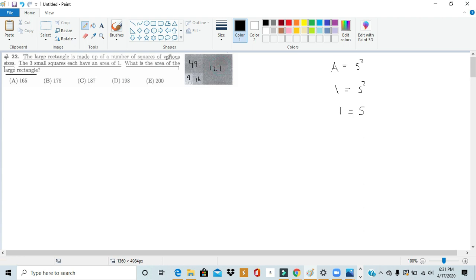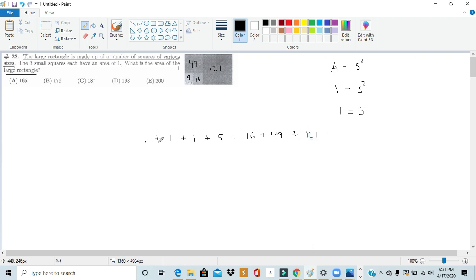So in order to find the total area of this figure, we just need to add up 1 plus 1 plus 1 plus 9 plus 16 plus 49 plus 121.